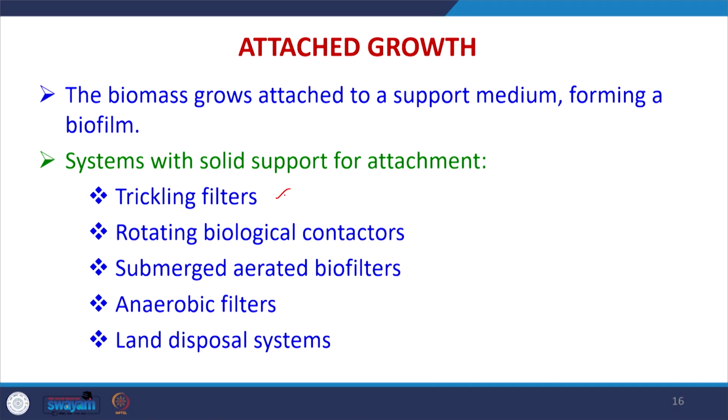So, there are many examples like the trickling filter, the example I gave earlier, then rotating biological contactors, submerged aerated biofilters, anaerobic filters also, and some land disposal systems also. All these systems may be used for treatment of wastewater, depending on whether attached growth or dispersed growth is there.